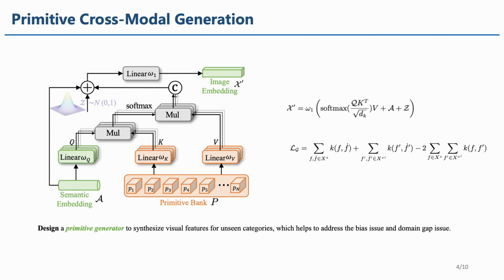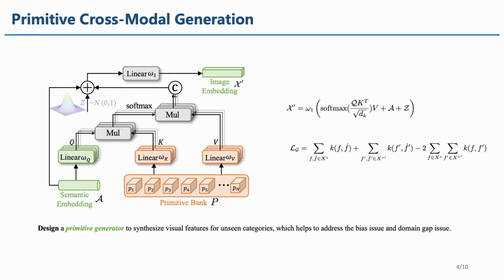Firstly, let's talk about primitive cross-modal generation. We start by initializing a set of learnable primitives with the intention of capturing fine-grained information. The specific method involves feeding semantic embeddings and primitive groups into the network using a transformer. Initially, we compute the similarity between the semantic embedding and the primitive group, selecting the primitive that is most relevant to the semantic embedding, and then adding Gaussian noise to it.